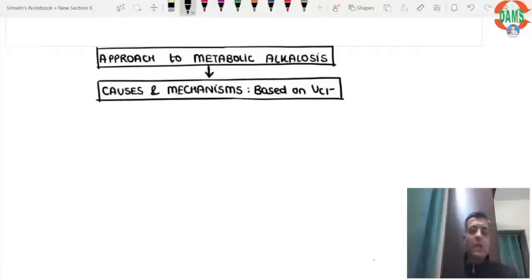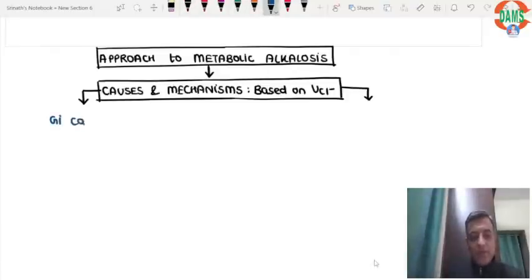Based on the urine chloride level, we want to classify the causes of metabolic alkalosis into two. If urine chloride level is low, we say it is a GI cause.